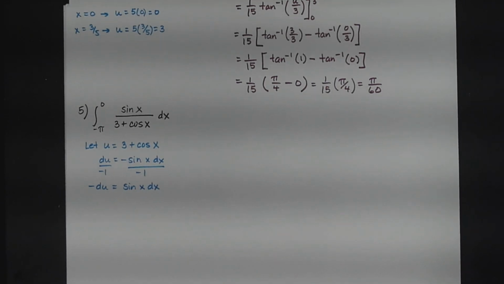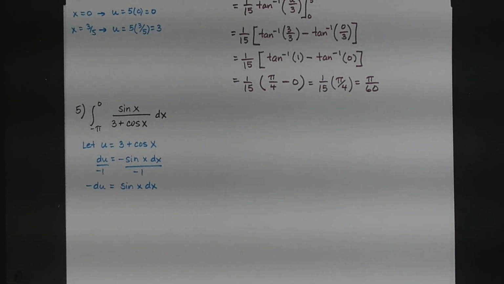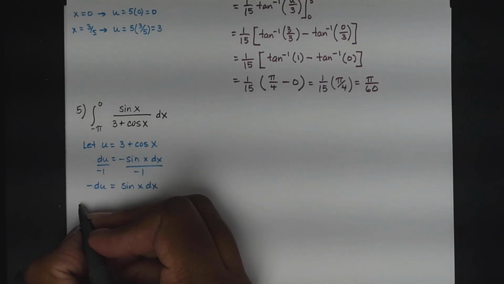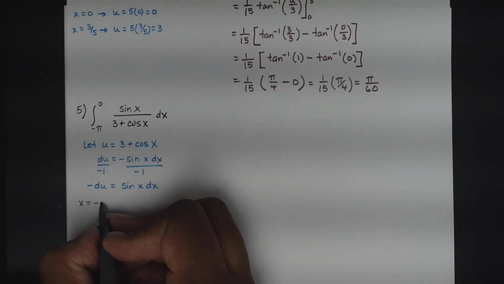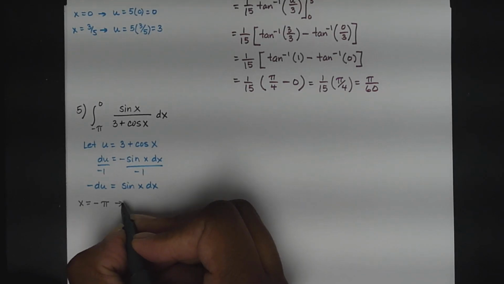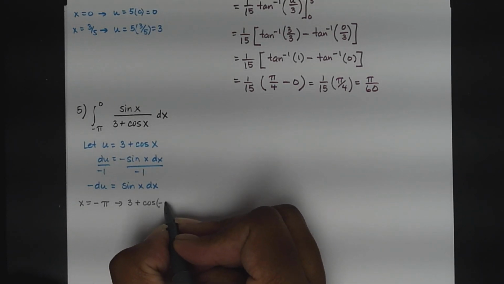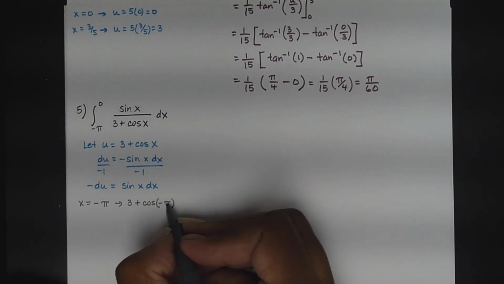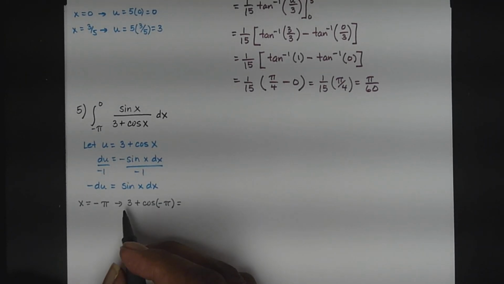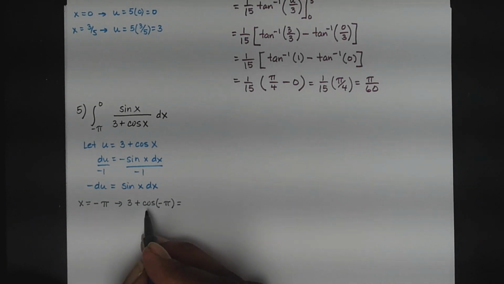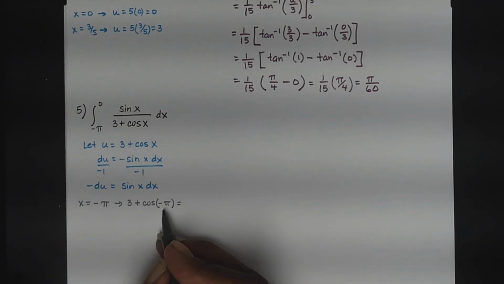And I'm also going to go ahead and change my limits of integration here, because I'm going from negative pi to 0, so that means x is negative pi. So that means 3 plus cosine of negative pi is this. Well, cosine of negative pi, let's think about this.